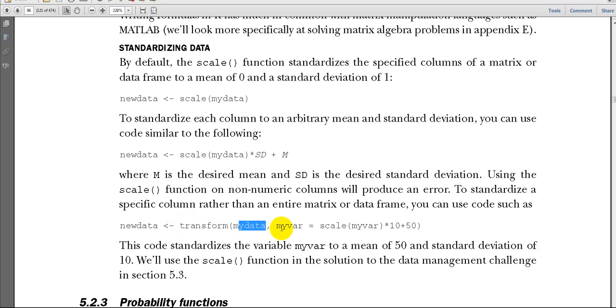On your data, you specifically want to transform just one variable, and so you just do that, and you scale the variable. And here we're multiplying by 10, so it's going to have a standard deviation of 10, and we're going to move the mean from 0 to 50. And this is just going to be done for my var, in other words for a single variable. So anyway, you can do different kinds of scaling here, but remember the scale function.